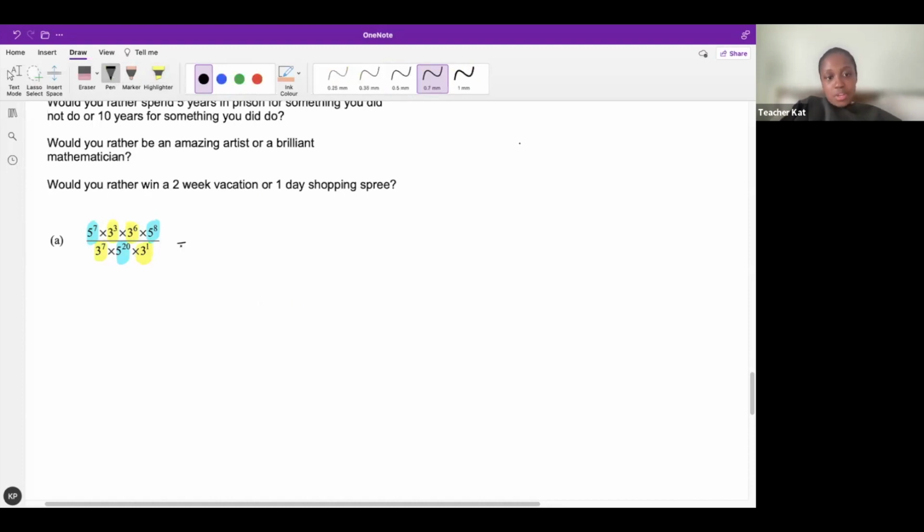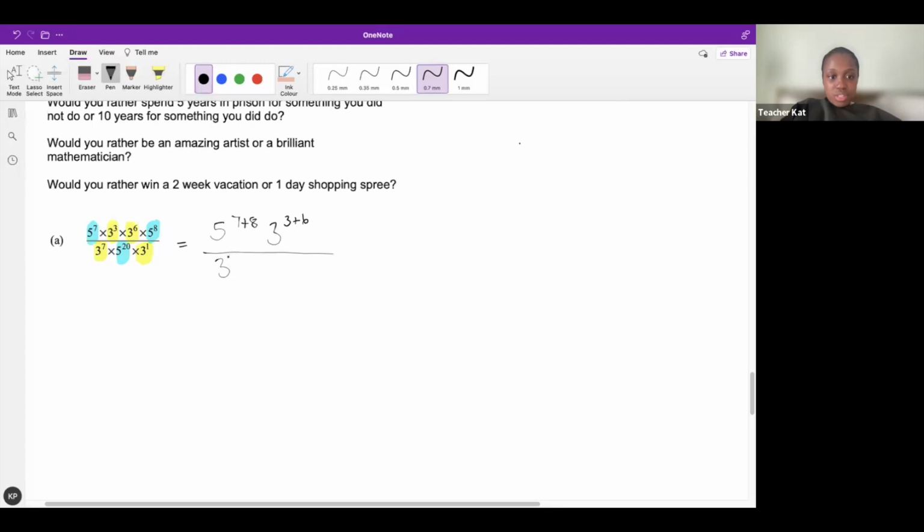So I'm going to start in my numerator with 5s. Since we are multiplying in my numerator, what are we going to do with those exponents? We're going to add them. So it's going to be 5 to the power of 7 plus 8 and 3 to the power of 3 plus 6. We're going to do the same in the denominator.